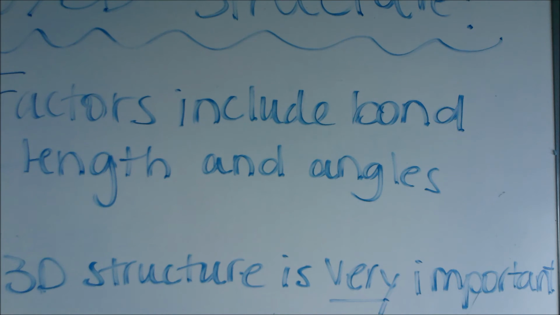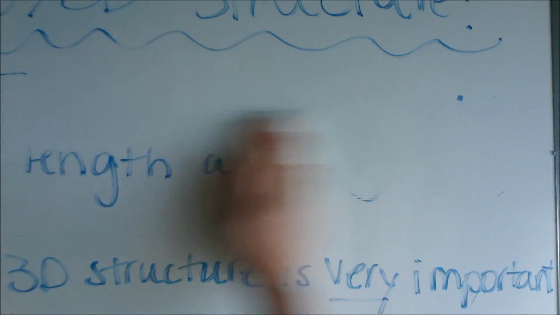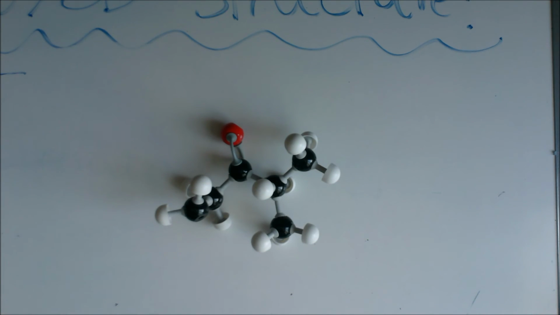So, a substance may look to be linear when you're drawing it out in Lewis diagram form. However, when you draw it in VSEPR form, it may look something like this.